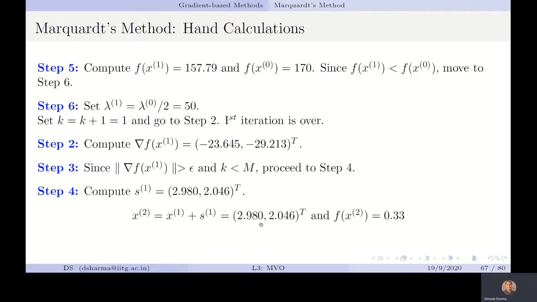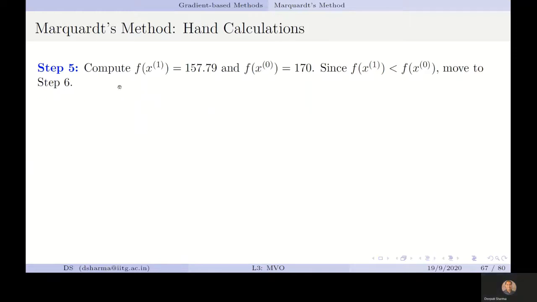So we'll get the point x2 as given here. And if we calculate the function value, it is going to be 0.33. Now, since this particular point, you can see 2.980 and 2.0046, is already close to 3 and 2, therefore, the function value is going to be small.